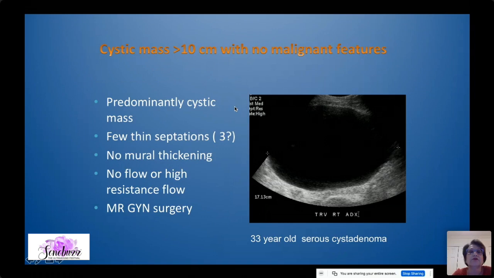But if you have a cyst that large with a predominantly cystic mass, no septations or a few very thin septations, no mural thickening, no flow or high resistance flow, then it's very likely to be benign, and this patient may undergo an MR and then get GYN surgery. And this turned out to be just a very large, benign serous cystadenoma. So these are some of the features in a cystic lesion that favor a benign cystic neoplasm.